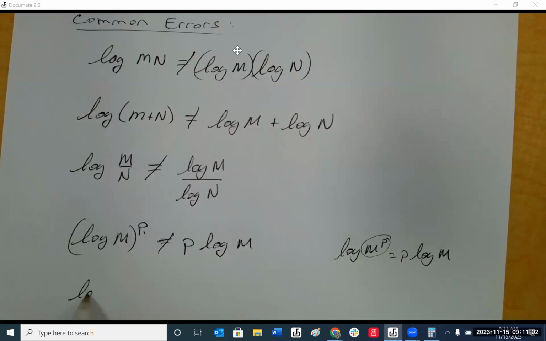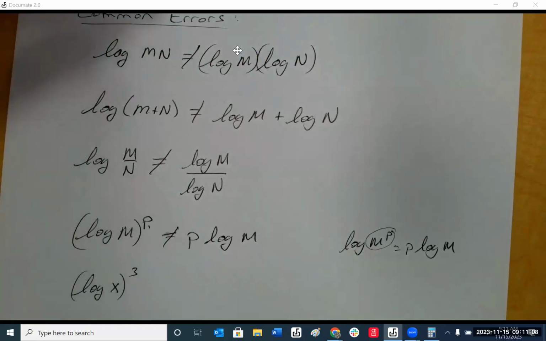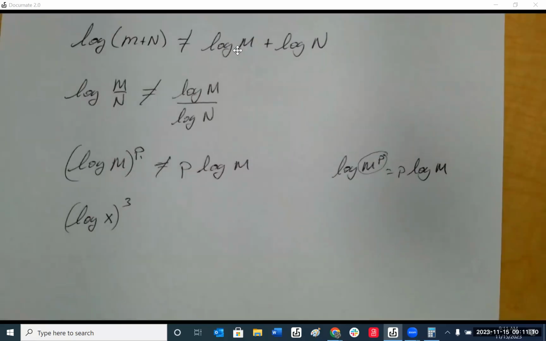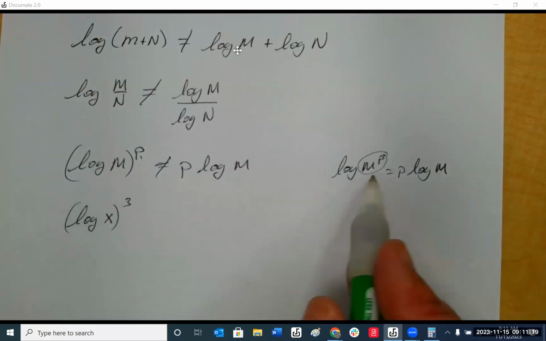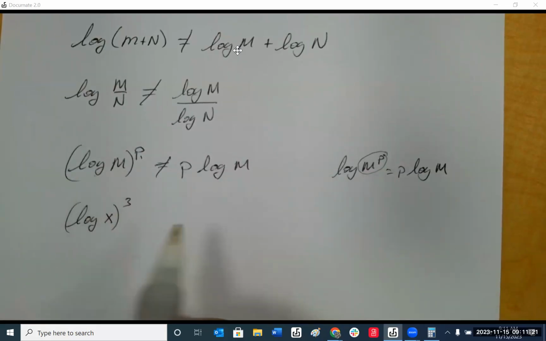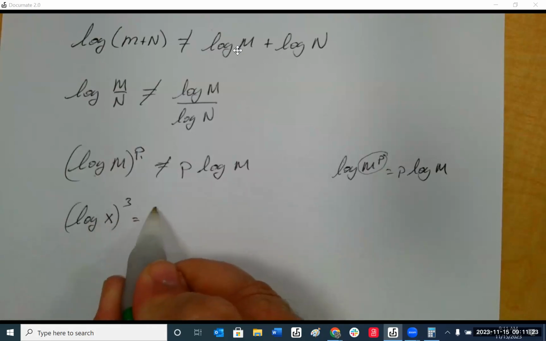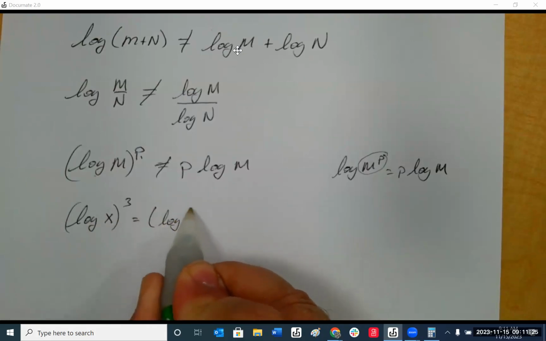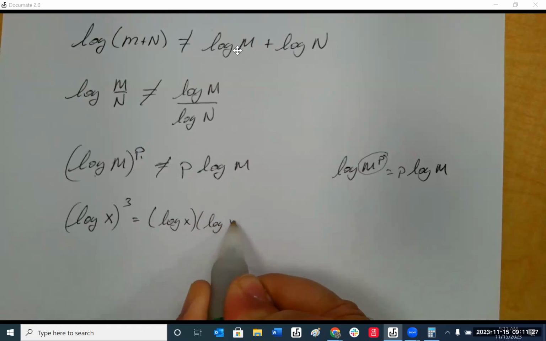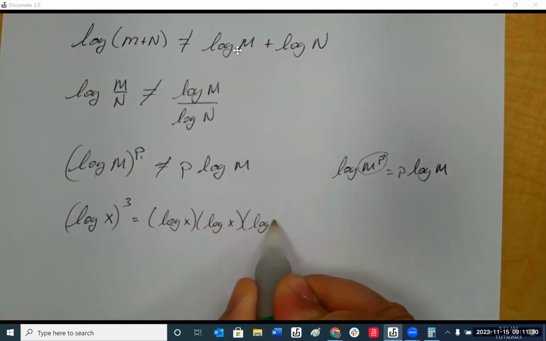Let's say we had log base, whatever, of x to the power 3. Let's prove this rule. What this means is log x times log x times log x.